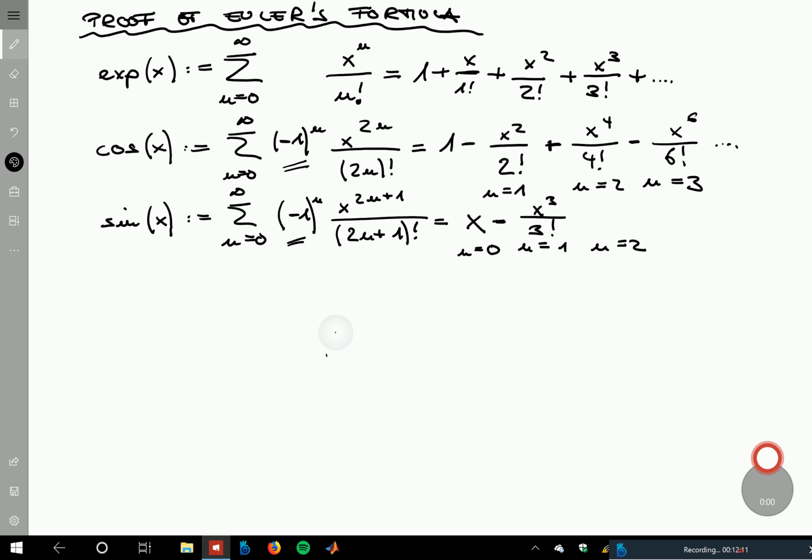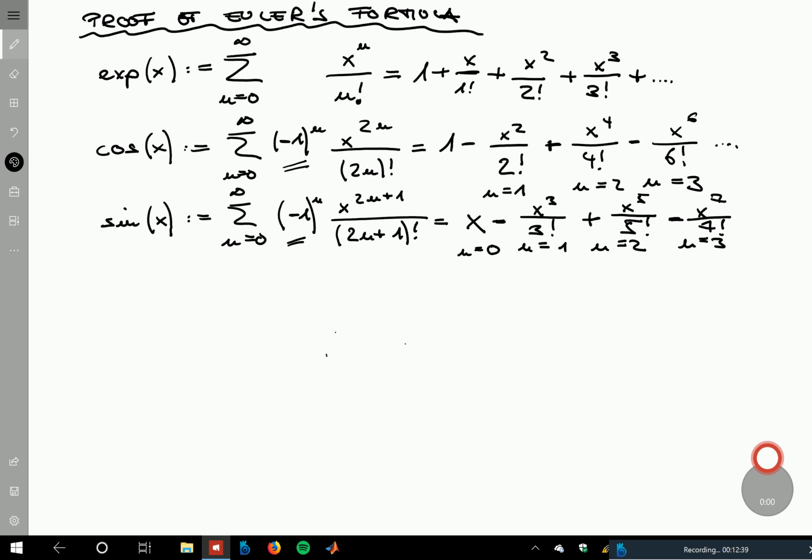For n equals 2, we have minus 1 to the power of 2, so that's plus 1. And then we get to the odd number 5, so we have x to the 5 divided by 5 factorial. And then the next odd number, for n equals 3, we get 7.